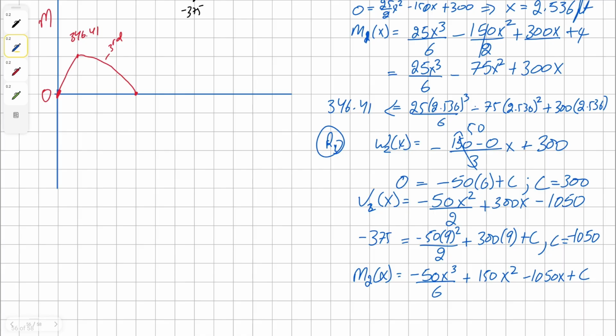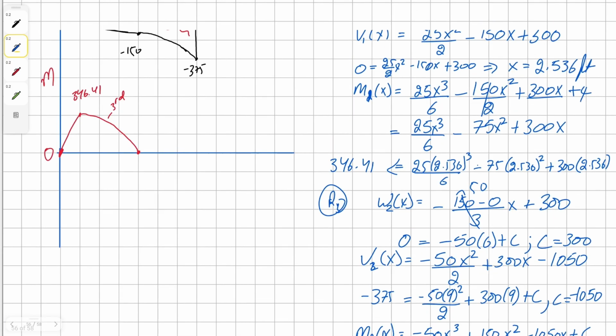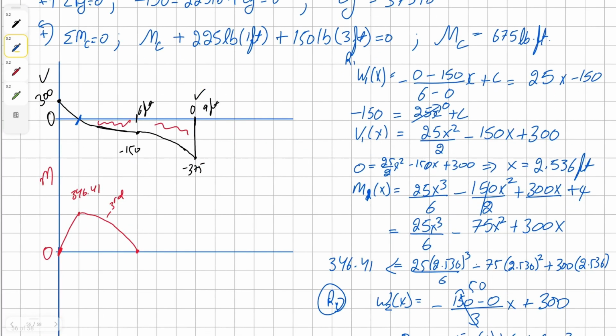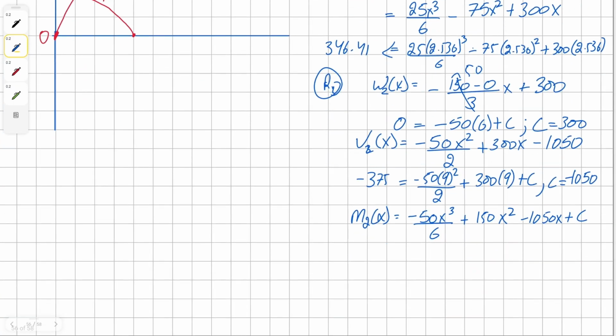Alright, now that we have the moment equation, we can determine what our moment is at 9. But before we do that, I forgot we need to find our constant. So let's figure that out real quick.